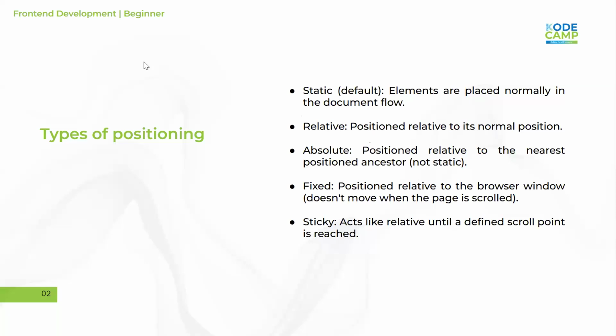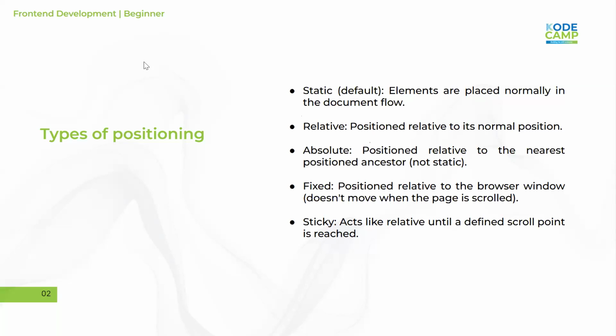We also have absolute, which is quite similar to relative, but we use both of them side by side. When you want to change the default position of an element, you wrap the parent container in relative by giving it a class name of relative. Then you make the particular element you want to style absolute.